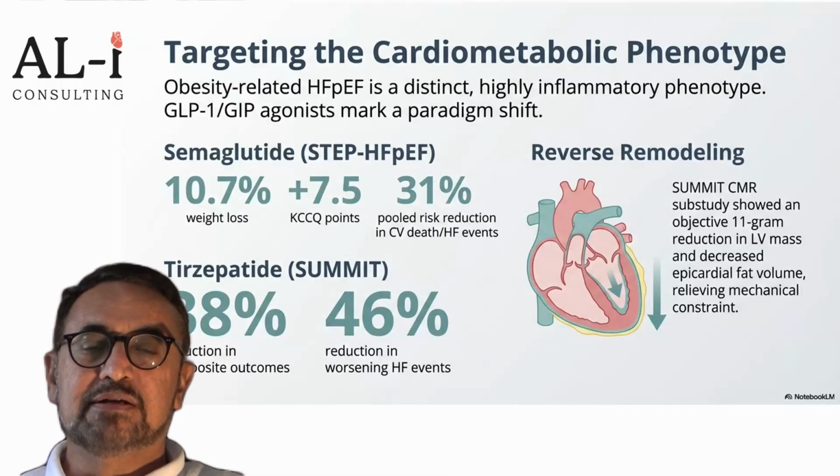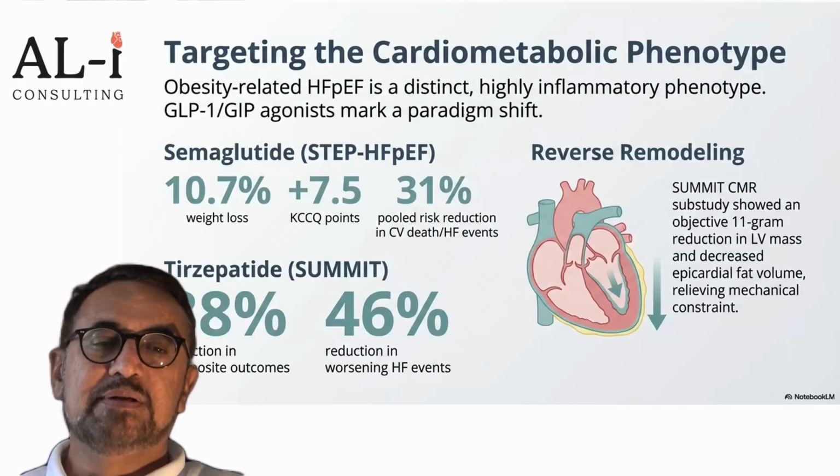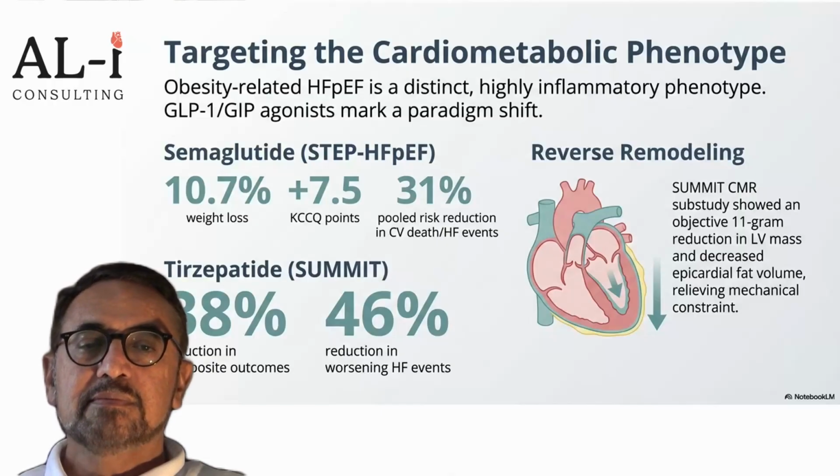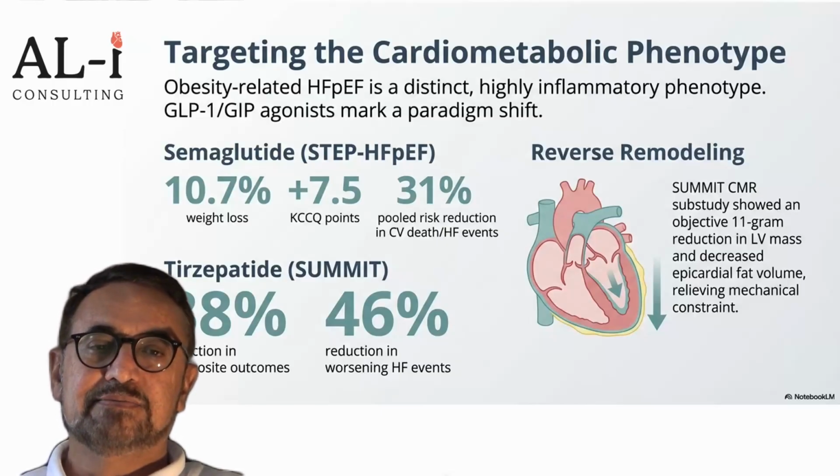Obesity-related HFpEF is now recognized as a distinct and highly inflammatory phenotype, and this is where incretin-based therapy is changing the field. In the STEP-HFpEF program, semaglutide produced a 10.7% weight loss, meaningful improvement in KCCQ scores, and a pooled 31% reduction in cardiovascular death or heart failure events across linked analysis.